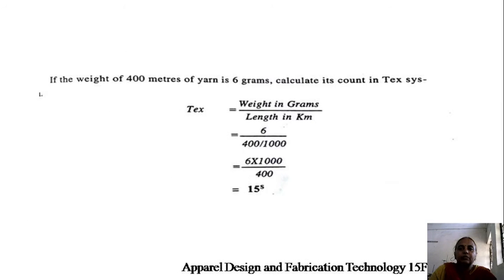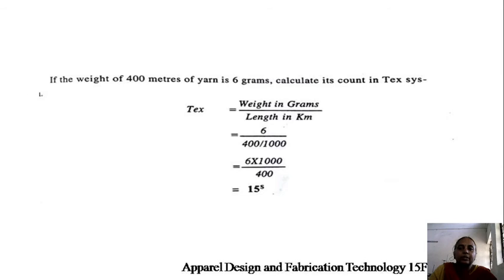If the weight of 400 meters of yarn is 6 grams, calculate its count in the tex system. If the weight is given, you have to calculate the tex as weight in grams divided by length in kilometers. So the weight is 6 grams and the length is 400 meters.